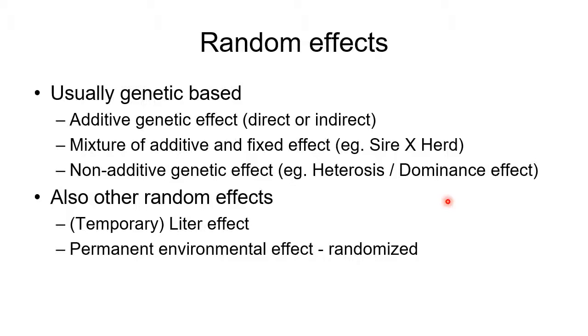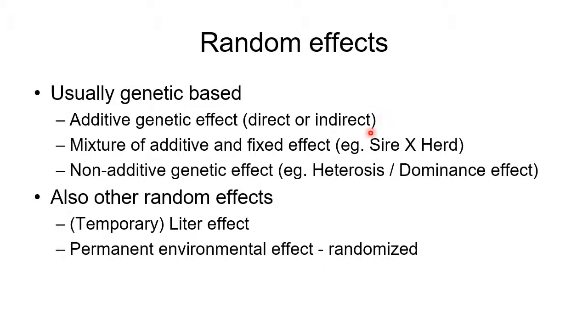So just coming back to the difference between random and fixed effects. If we think about random effects, they are usually genetically based. It's usually additive genetic effects. It can be direct or indirect. Direct, for example, the direct growth value of the calf pre-wean.